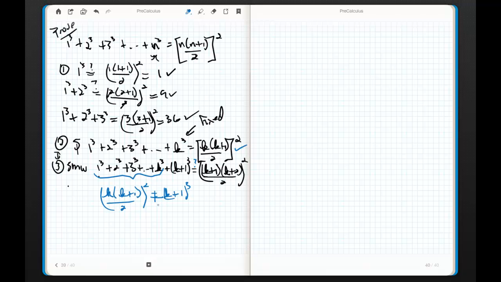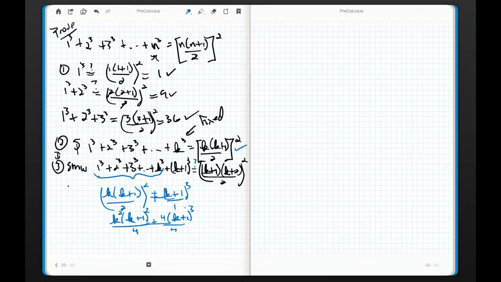I'm going to find myself a common denominator. I'm going to leave this as k. I'm actually going to simplify my fraction here just a little bit. This is going to turn into k squared times k plus 1 squared all over 4, which implies when I find my common denominator, I'm going to have a plus 4 times k plus 1 cubed all over 4.